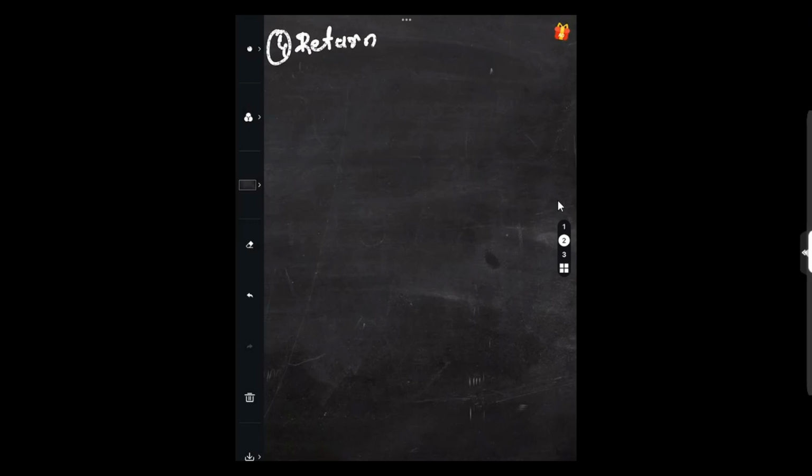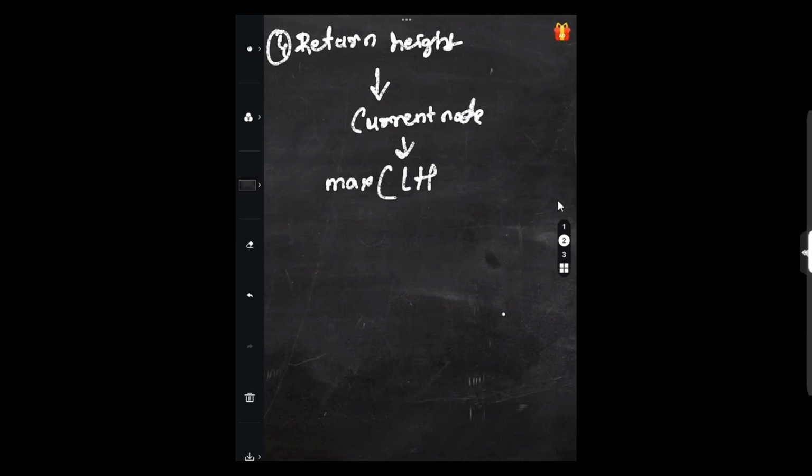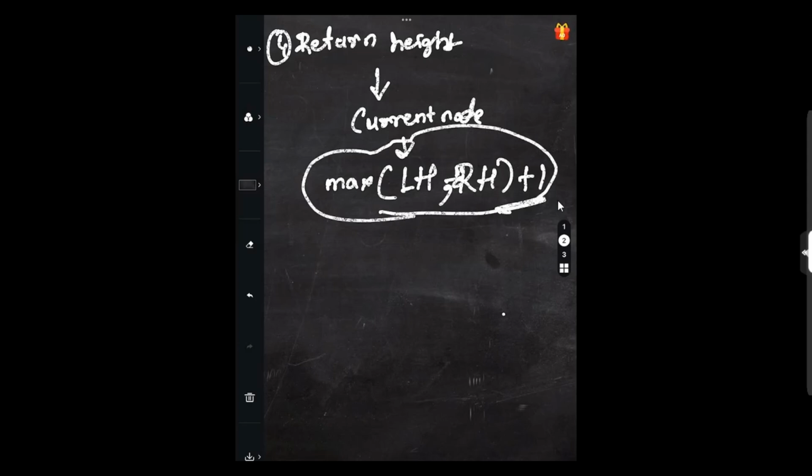We will just return the height of the current node as max of left height, right height, plus 1, because the indexing of the binary tree starts from 1. So this will be the approach that we'll be going with. I hope this is completely clear.